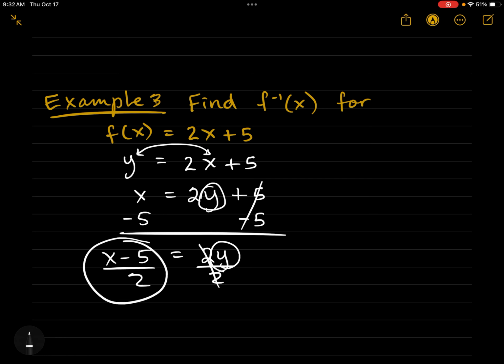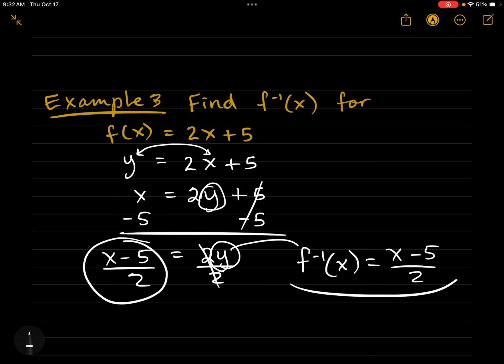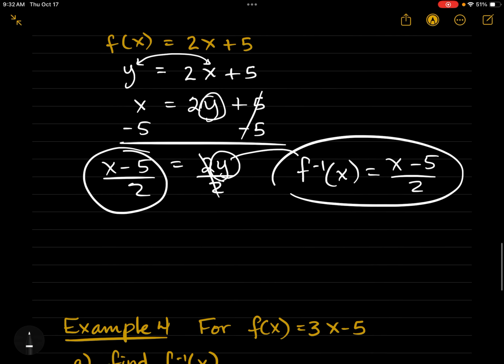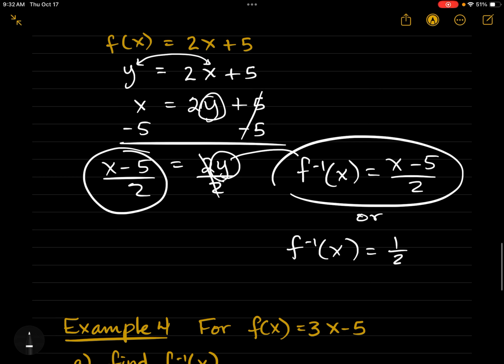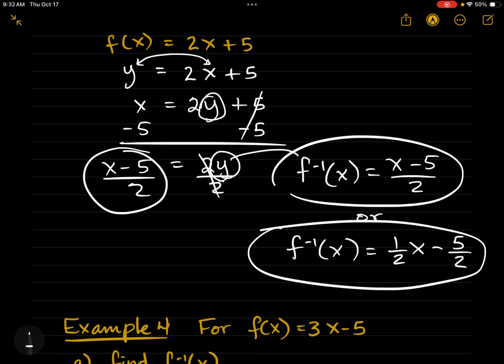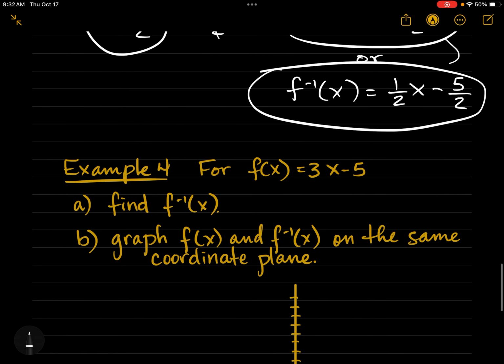So now I have y equals all of this, and our final step tells us to change the y to the inverse notation. And you can write it like this, or if you like, you could split it, put both parts over 2. So these are equivalent, and either format would be a great answer.